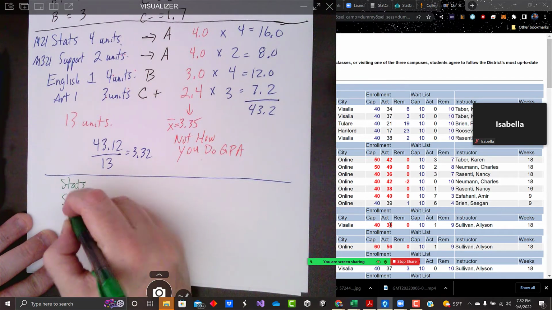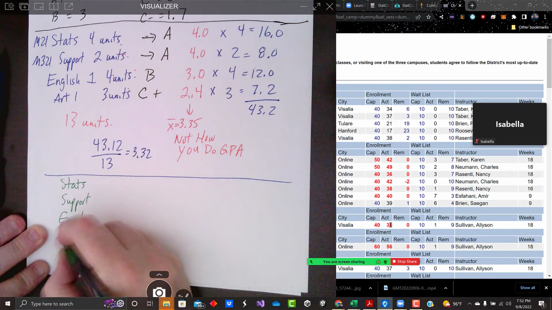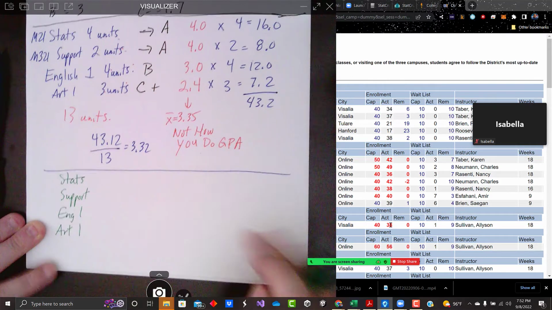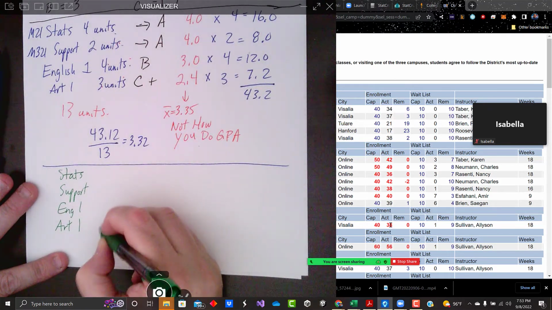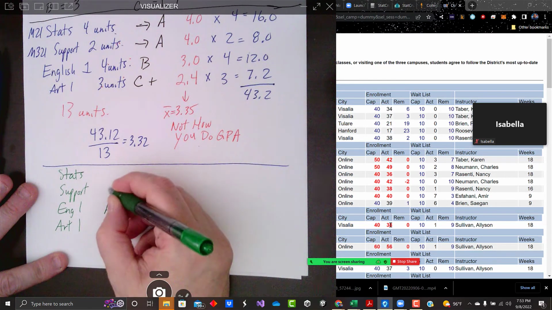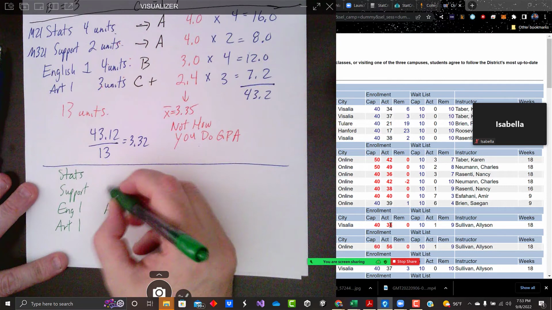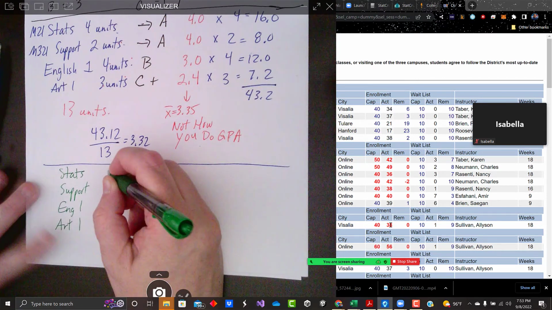We still got the same classes. But let's say you like art and English and you get an A in these. And you thought the support material was fairly all right. You got a B plus there. But in stats, you're like, I don't like math.